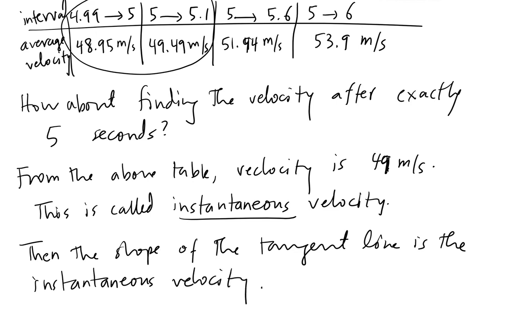So two things. One, the slope of the secant line is the average velocity. The slope of the tangent line is the instantaneous velocity, because you're calculating it exactly at that instant, when t equals 5 seconds. That's what we call instantaneous velocity.